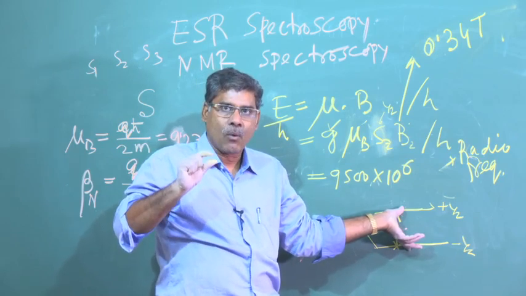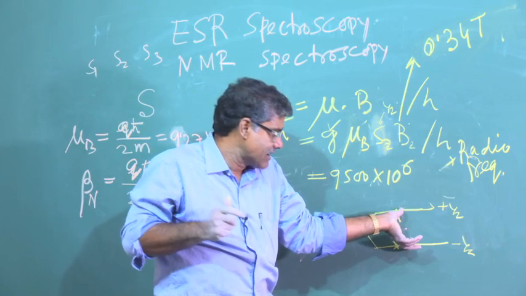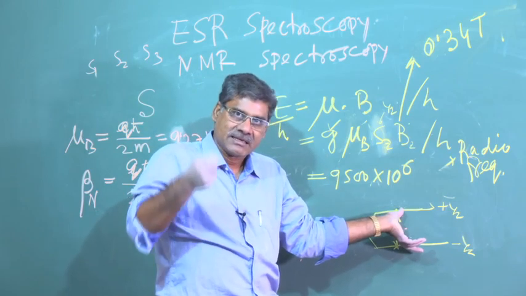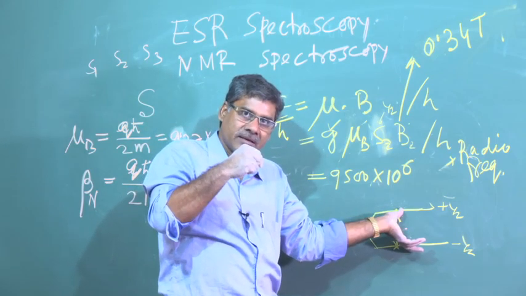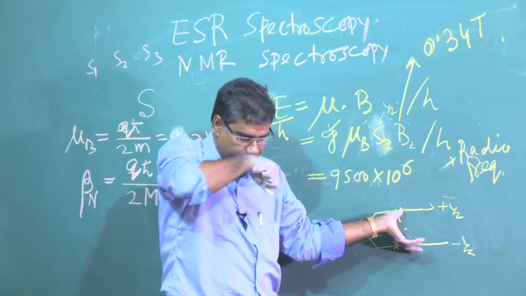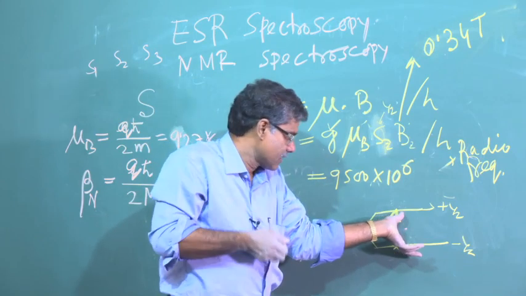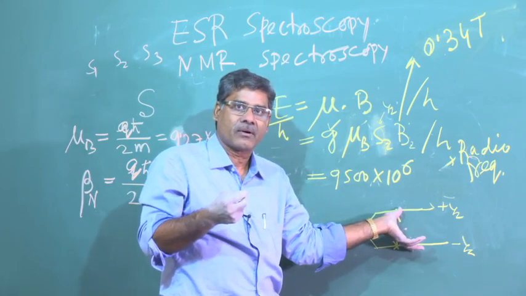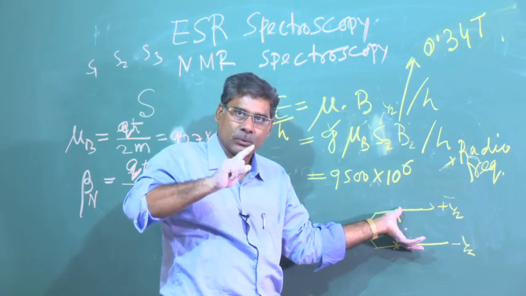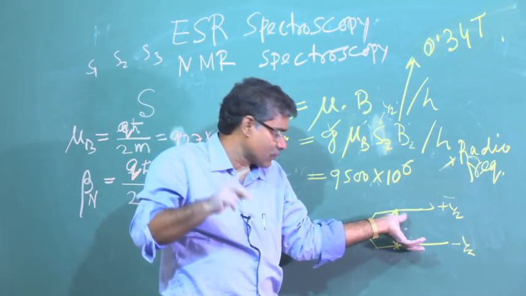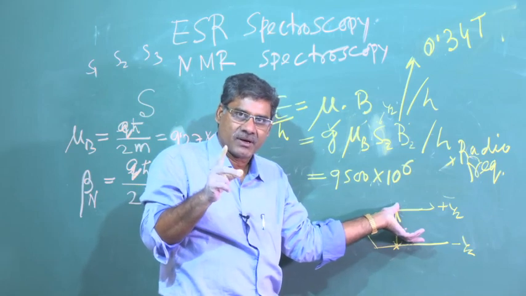So, only one has to be variable. Either the incident radiation is fixed, or then we can vary the magnetic field to get resonance, to get the frequency in the same range.